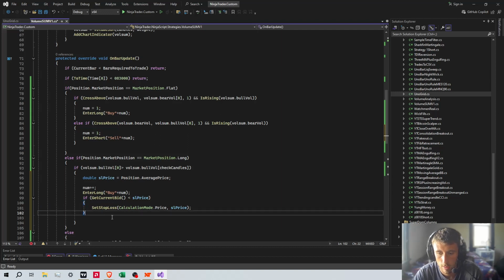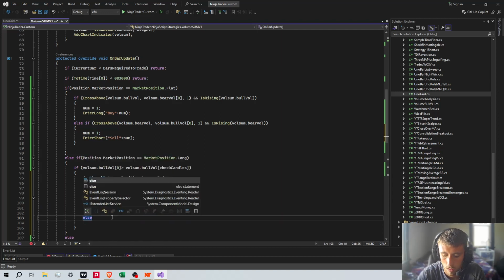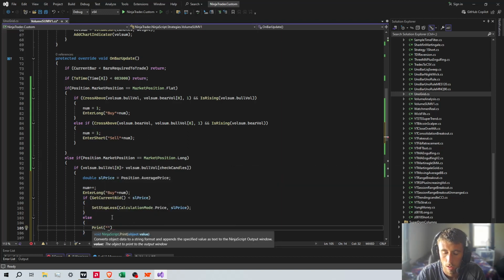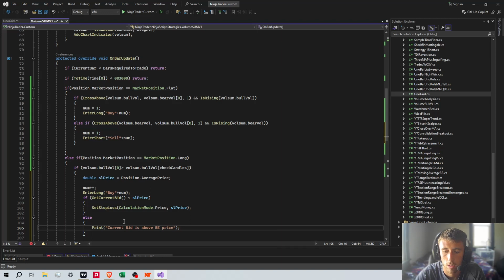And if not, let's just do a print: current bid is above break-even price. Unable to set SL because bid is above price.